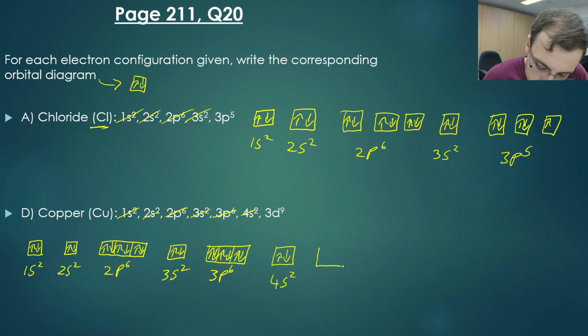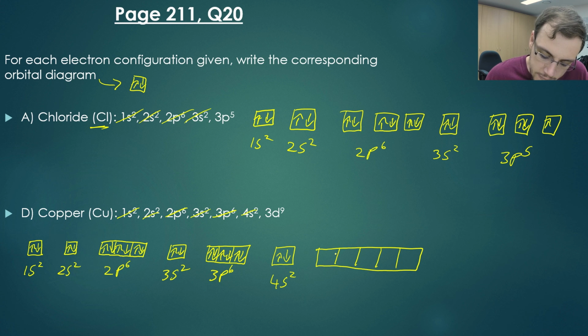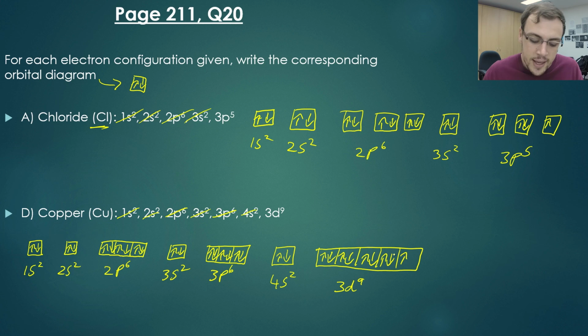So 1, 2, 3, 4, 5. So we've got our 5 orbitals. So 3d9: 1, 2, 3, 4, 5, 6, 7, 8, 9. And that is our orbital diagram for copper.